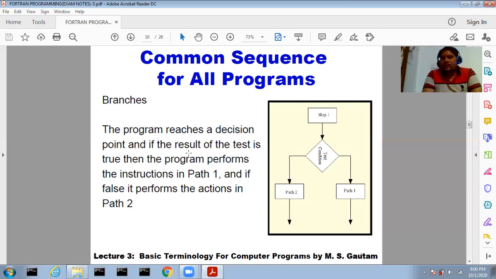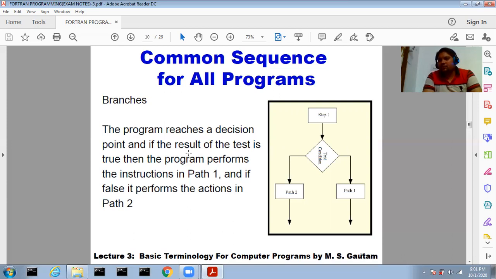So when a decision is to be taken in the program, a branch structure appears in the program. That means a program can be subdivided into two parts, with different sequences of instruction in each. Depending upon the test condition, true or false, the computer takes the decision.